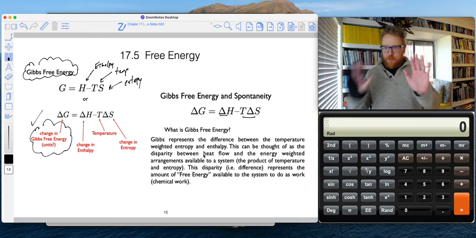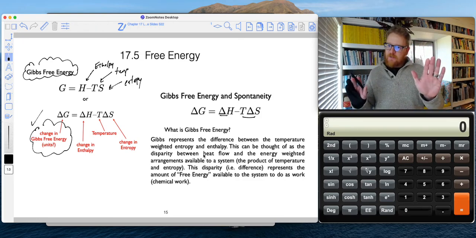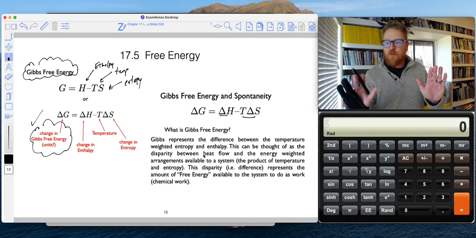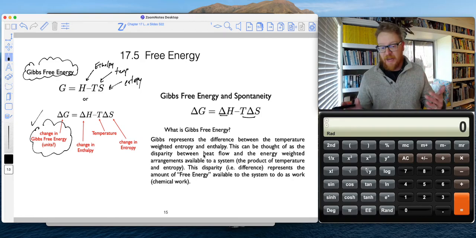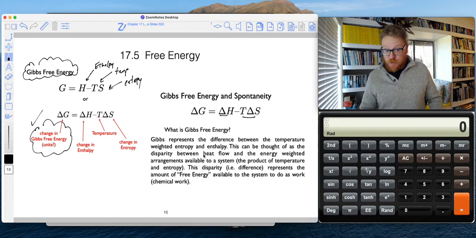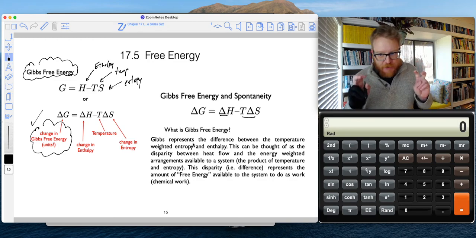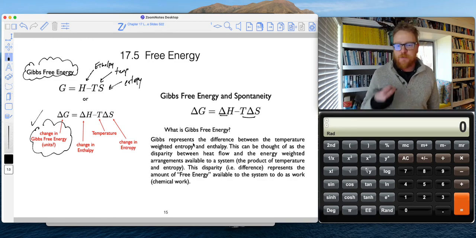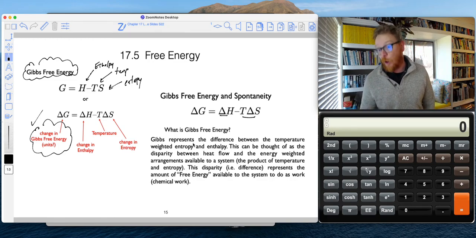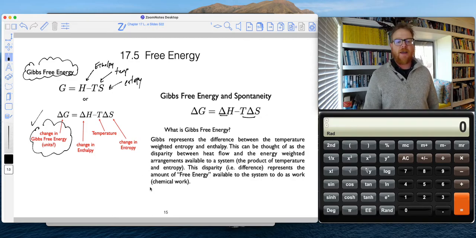We've got now the difference, right, between the heat of the system and the number of ways that the system can be arranged. The difference between those two quantities, delta G, that represents the amount of free energy the system is available to do as work. And the type of work we're talking about here is chemical work.